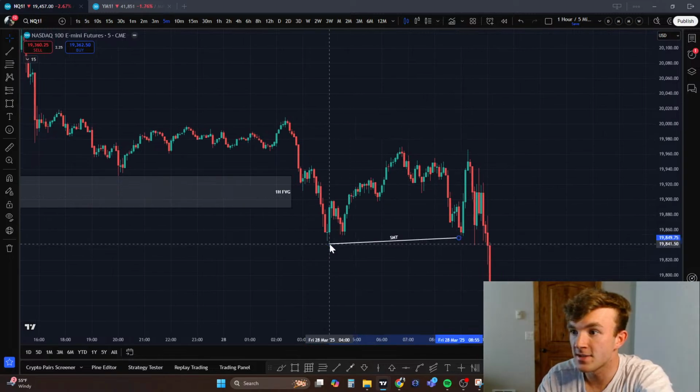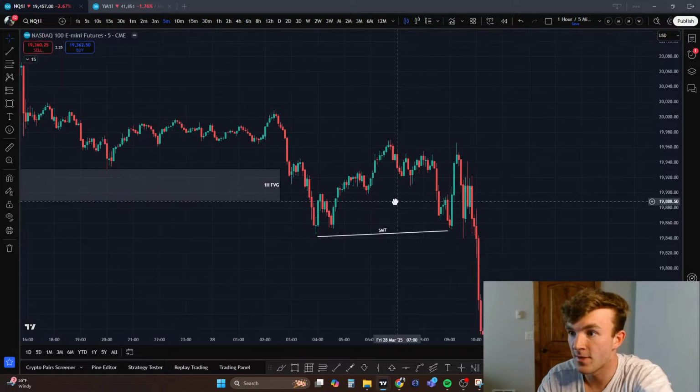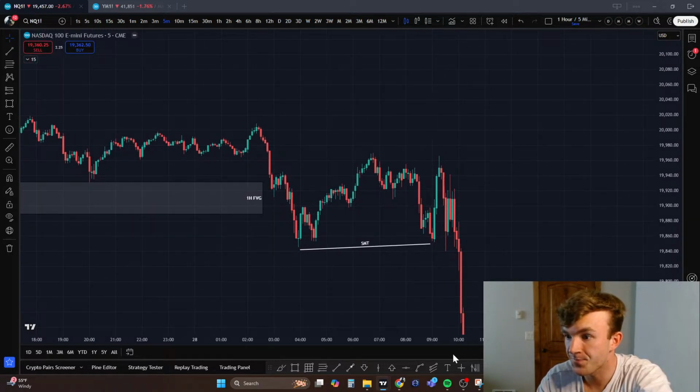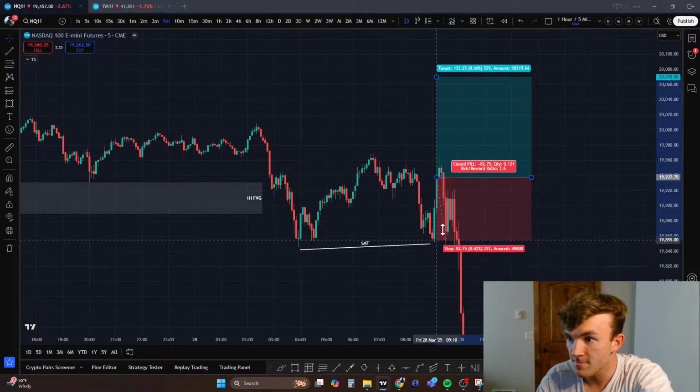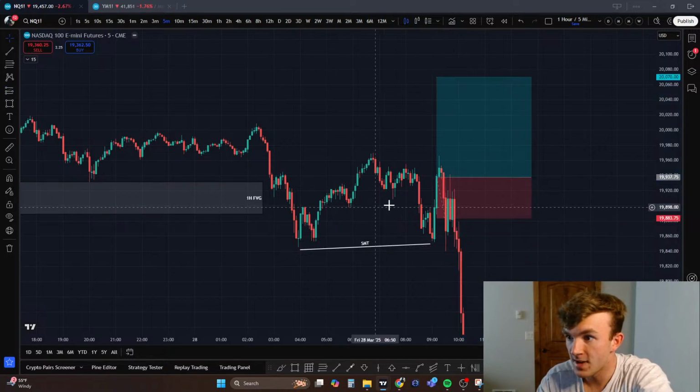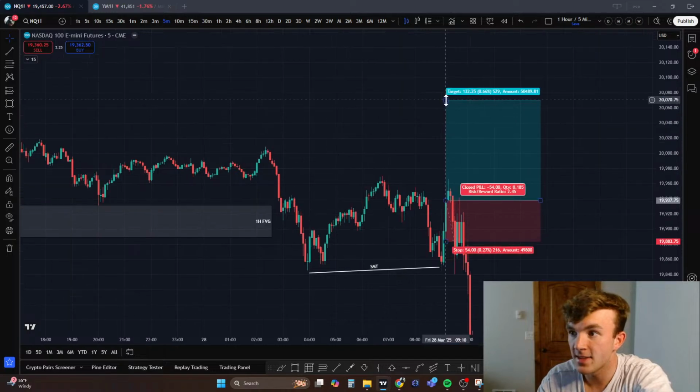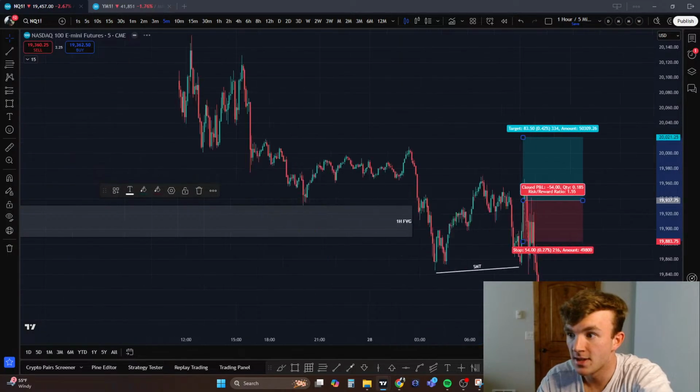Yeah, this honestly looks pretty good, right? This 5-minute IPG looks pretty good because we're delivering from a fair value gap. This inverses, and then you just get wrecked. And I do think this is a good setup, but it did not work.